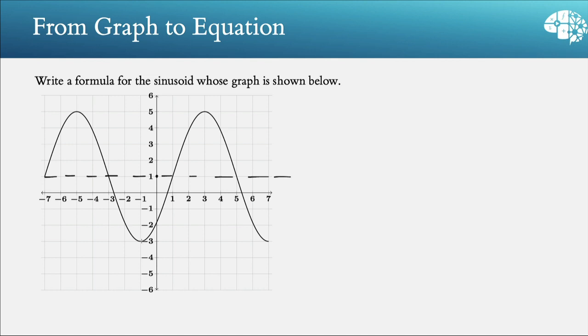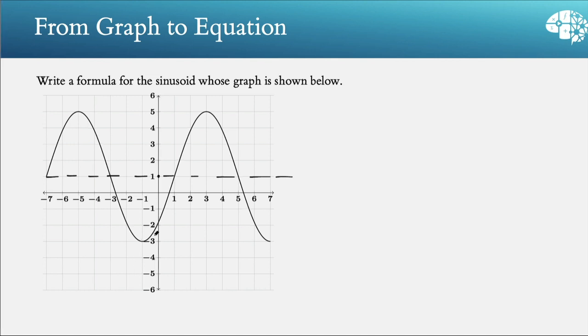So I'm going to let this point right here be my starting point. Okay, now I know that I'm using cosine. The general form is a cosine b times x minus c plus d.